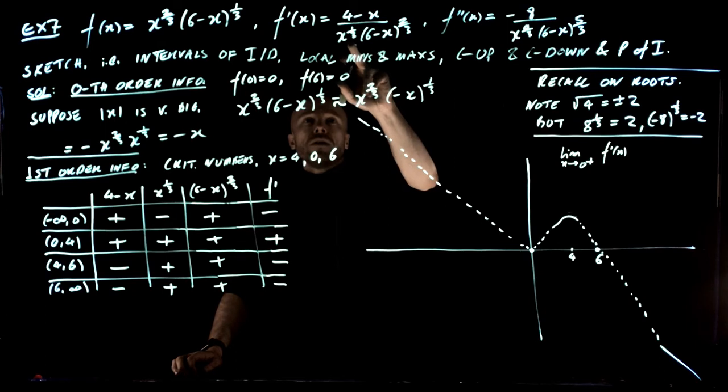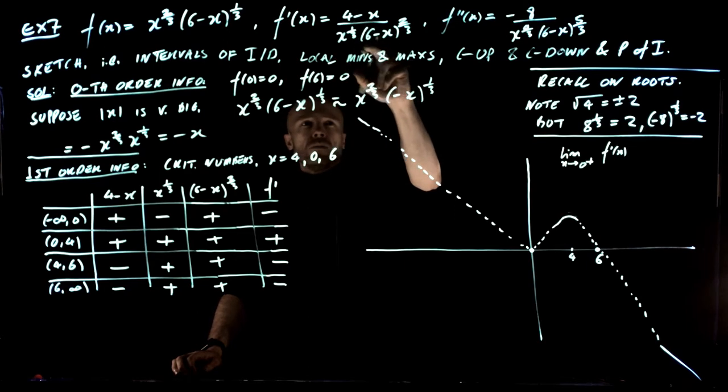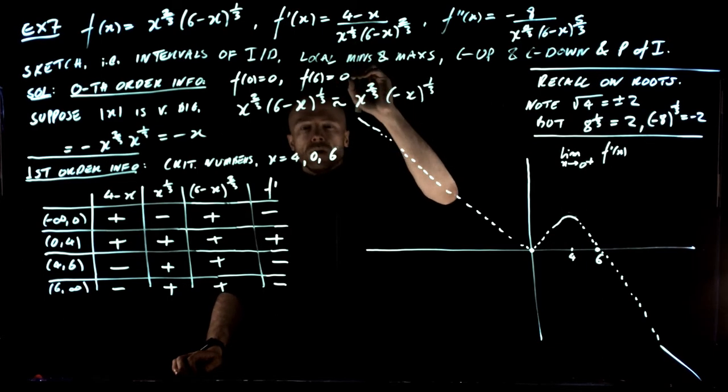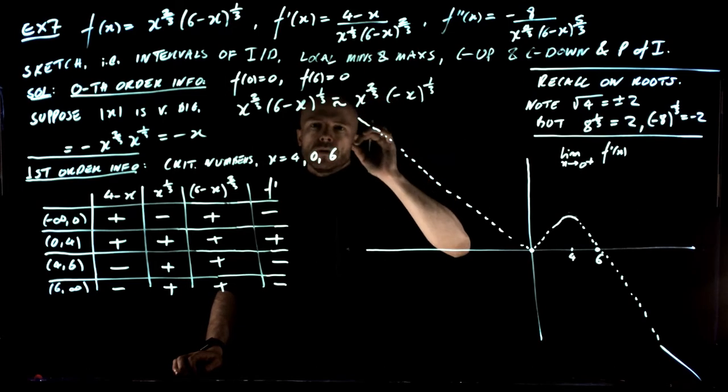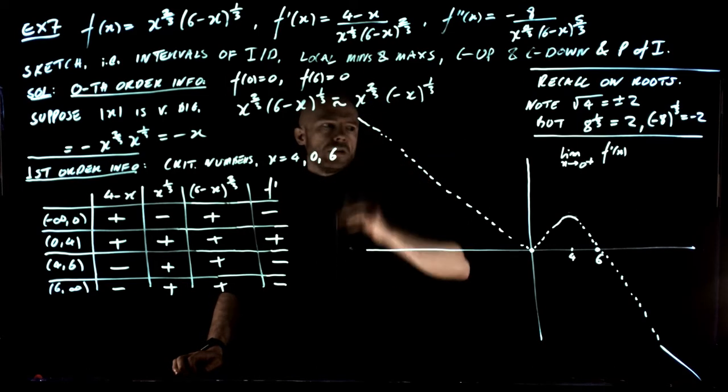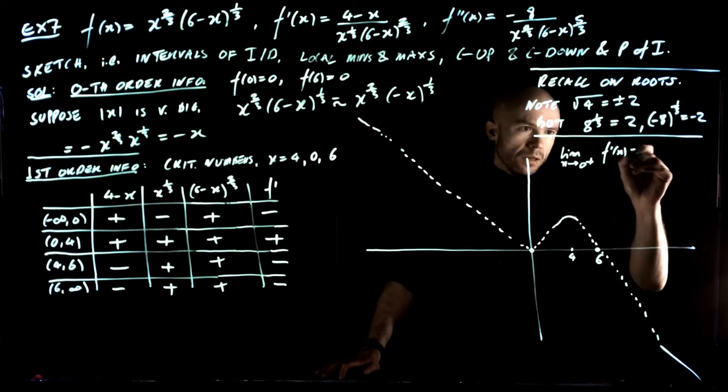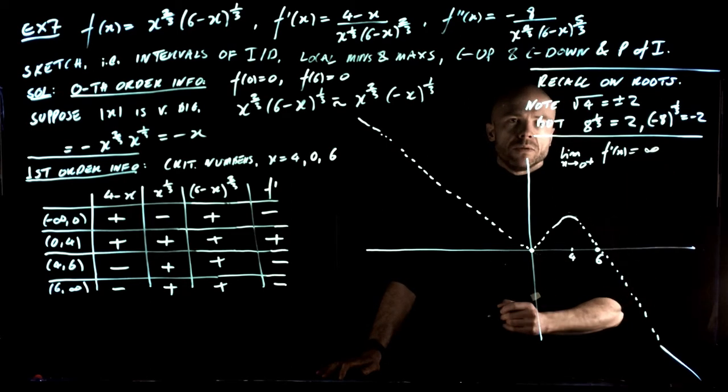And this thing is a very small positive number, because again, the third root preserves the sign. So it's basically 4 over a very small positive number that gets smaller and smaller, so this thing is blowing up to infinity.